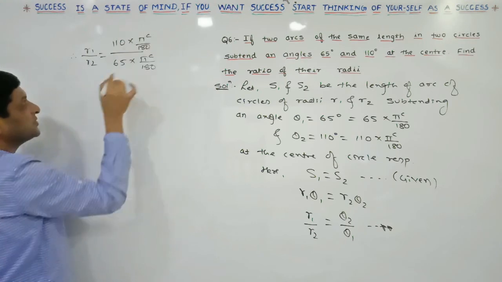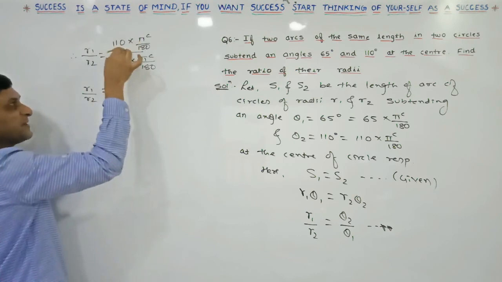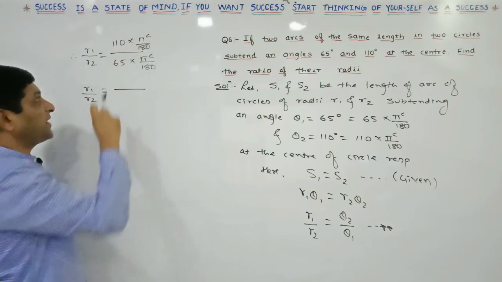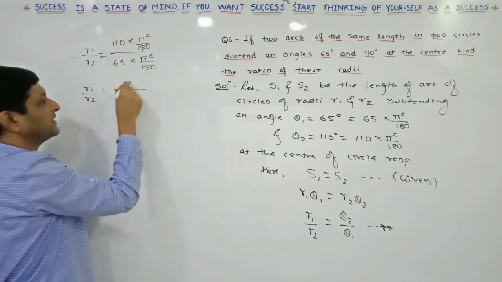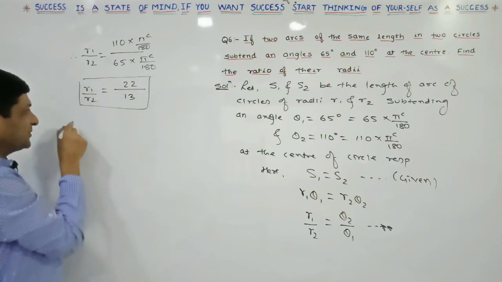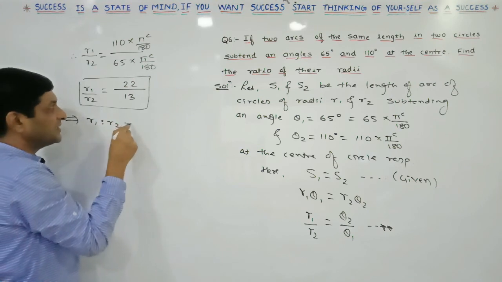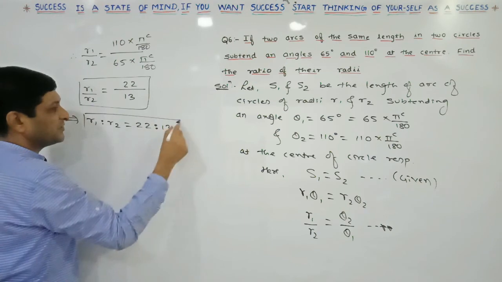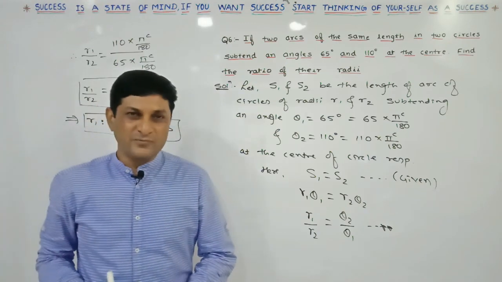After cancelling these two terms, if you observe, the remaining two numbers are divisible by 5. 5 13s are 65, and dividing by 5 here, we get 22. In this way we have got our required ratio. So this implies that R1 is to R2 is equal to 22 is to 13. In this way we have got the required ratio of radii of the two circles.